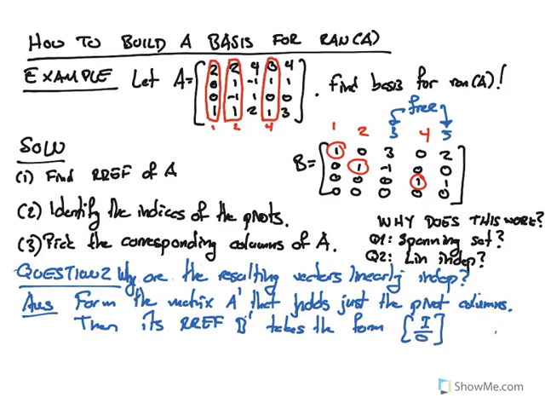So this means that the columns of A prime are linearly independent because this matrix has no null space.